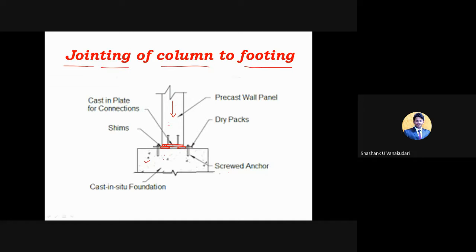And here you can see the screwed anchors, which connect from these dry packs to the footing part. Clear? These screwed anchors have certain nut and bolt connections, and through these nut and bolt connections they connect the screw anchor to the footing part.